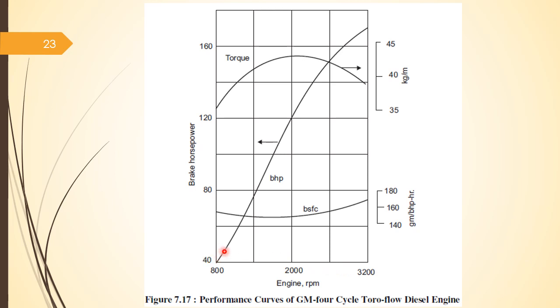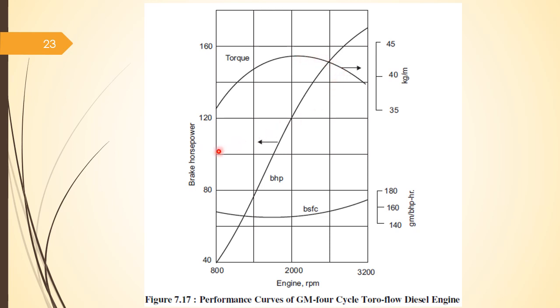Brake horsepower continuously increases when the engine speed is increased. Brake specific fuel consumption decreases until around 2000 rpm, then again starts to increase. With increase in the speed of the engine the torque increases, up to 2000 rpm, and then starts to decrease.